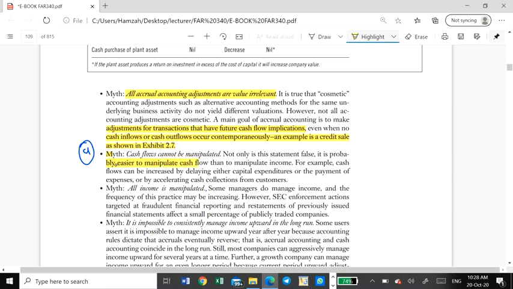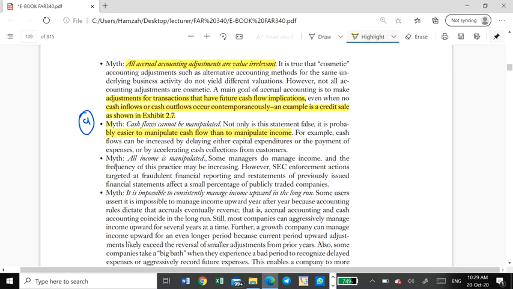Okay. Sebab tu it's a mythos. Salah ya kalau orang kata cash flow cannot be manipulated. It's wrong. For example, cash flow can be increased by delaying either capital expenditure or the payment of expenses. Manipulate je figure tu. Alright. Untuk menampakkan cash inflow kita banyak.